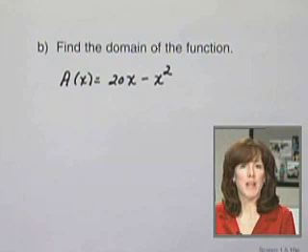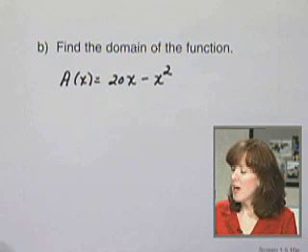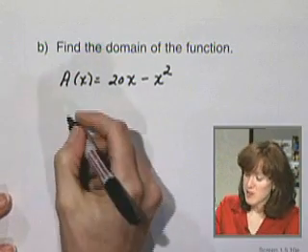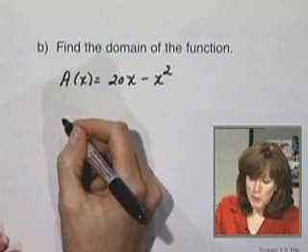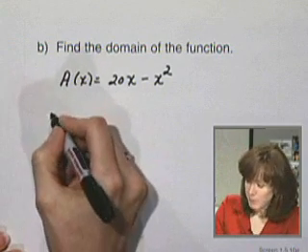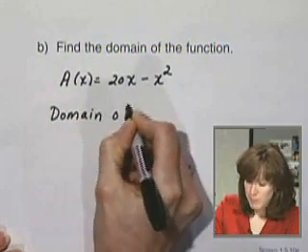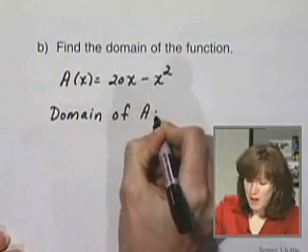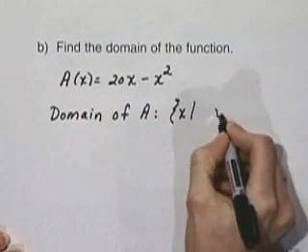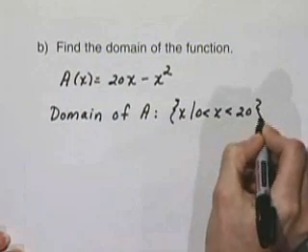Since we're measuring a length, we have to have a positive number. And the value can't go over 20 because we only have 20 feet of dividers. So we would say then that the domain of A is the set of all x such that x is greater than 0 and less than 20.